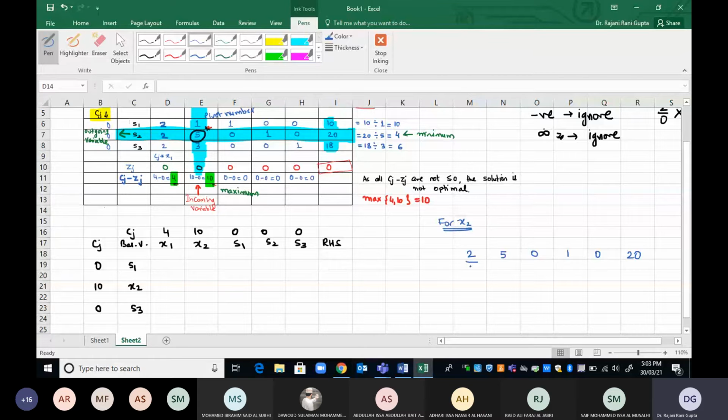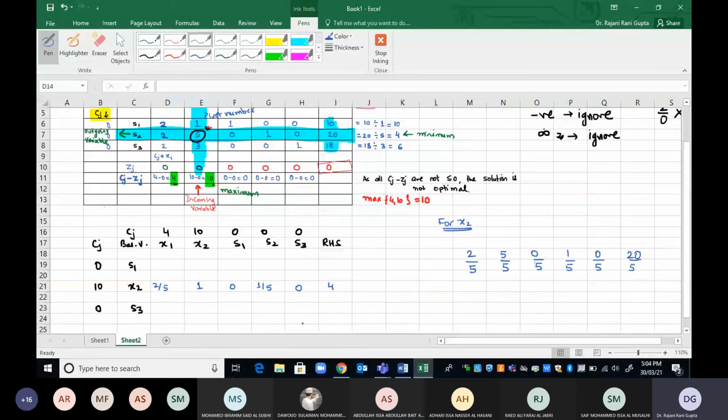Pivot number is 5. Divide by 5. This gives you the value here. This is for x2. So 2 over 5, it's up to you, either you convert it into decimal or you keep it 2 over 5. 5 over 5, 1. 0 divided by 5, 0. 1 divided by 5, 1 over 5. It is 0. RHS is 20 divided by 5, 4. Okay? Clear? Yes, clear, doctor.